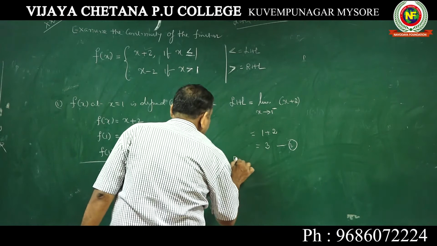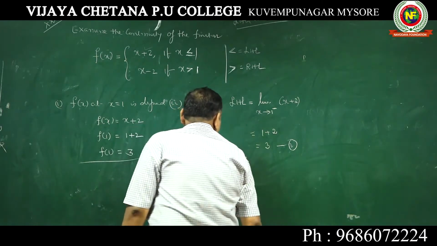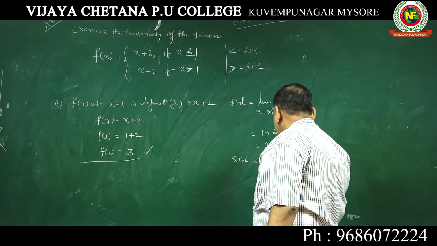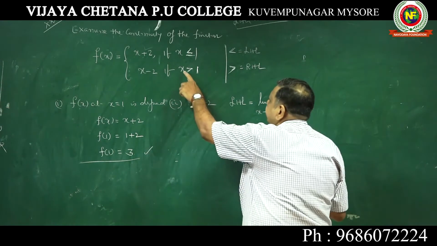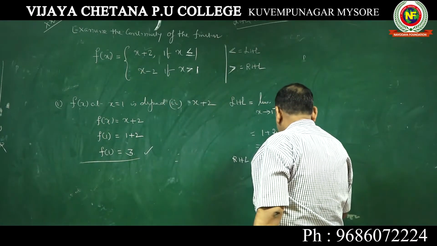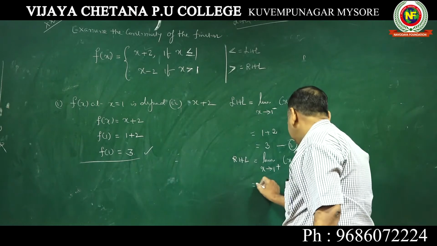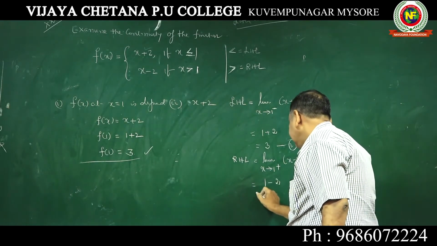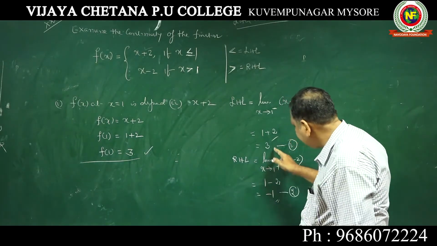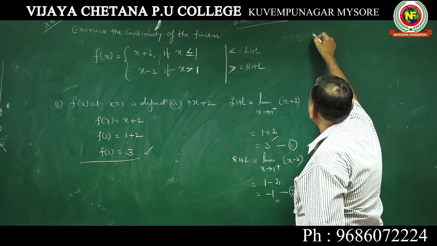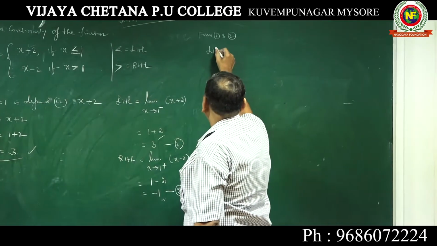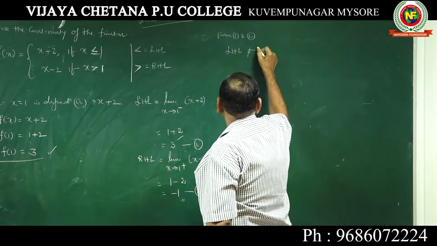Now take the right hand limit. Let us check. The right hand limit is the limit extending to 1 plus, and the function to consider is the greater than 1 one, which is always RHL. Take x minus 2. Now it is 1 minus 2, which is minus 1. See, this is 3 and this is minus 1, so LHL is not equal to RHL.